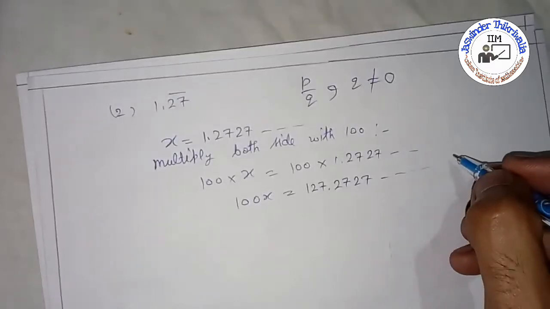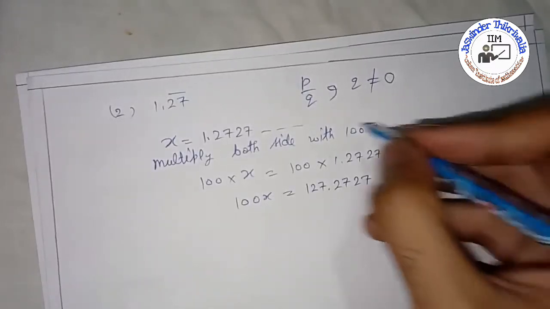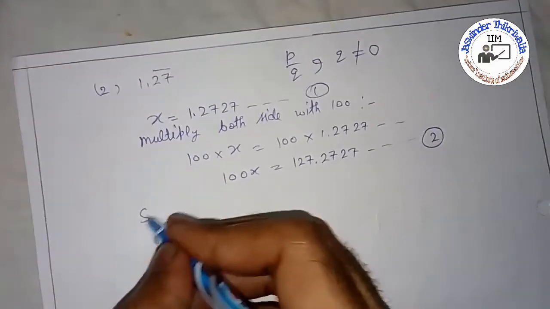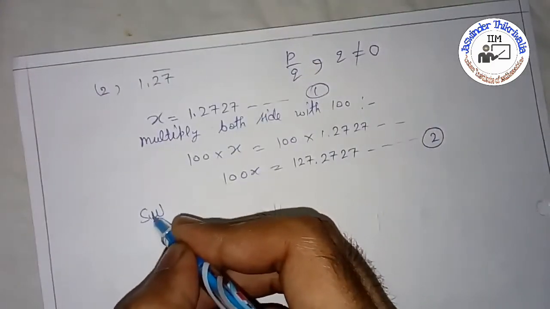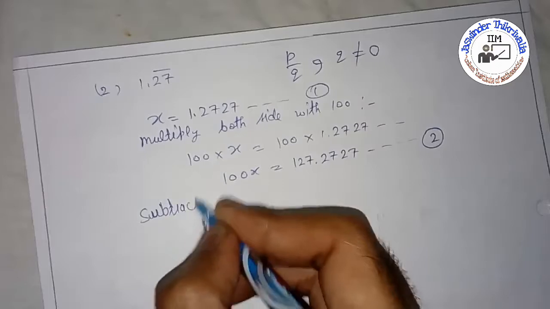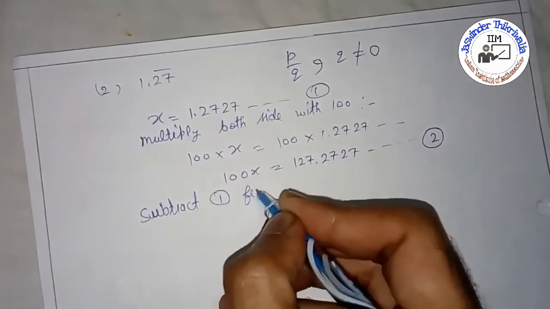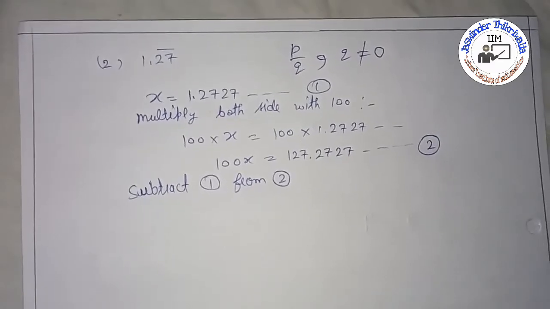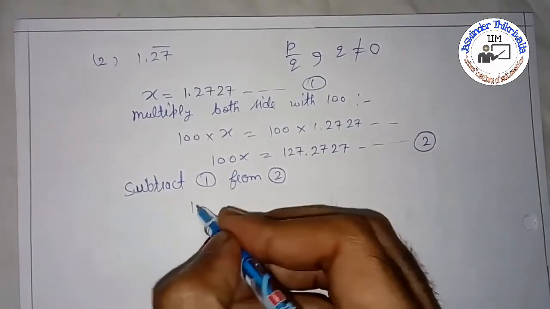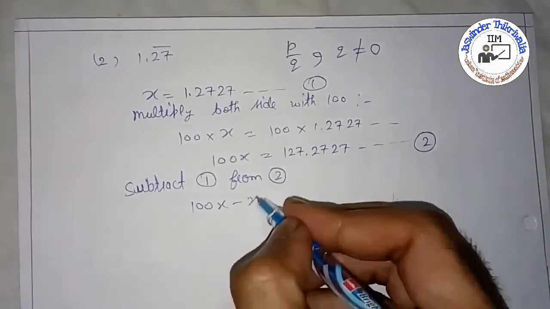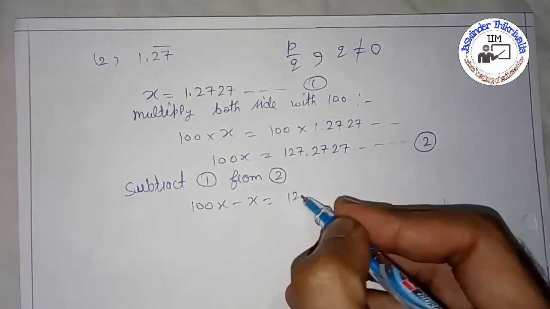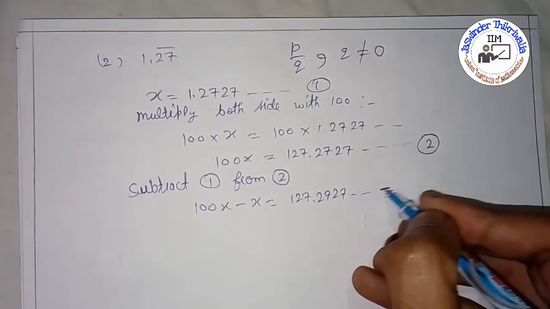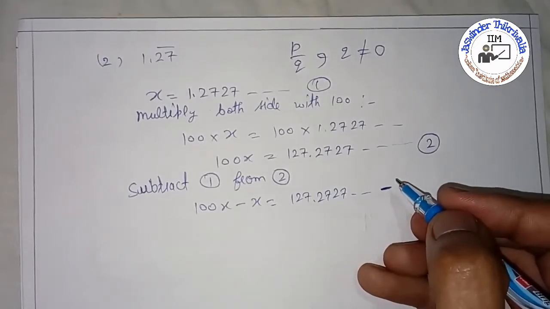Okay, so now this is our equation 2, this is our equation 1. So now same as the previous question, subtract 1 from 2, what we will get? 100x minus x on left side, 127.2727 minus what we will get?